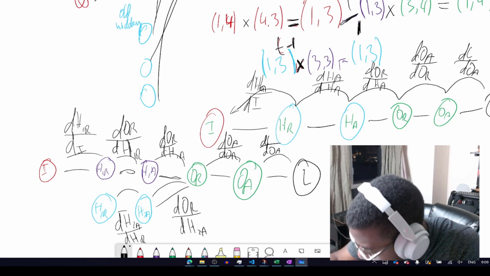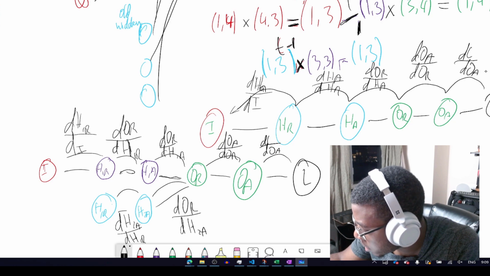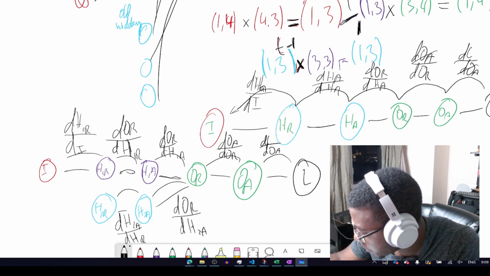Now this is going to get a little confusing because see up here with the normal one, you could just use the chain rule to get rid of everything.